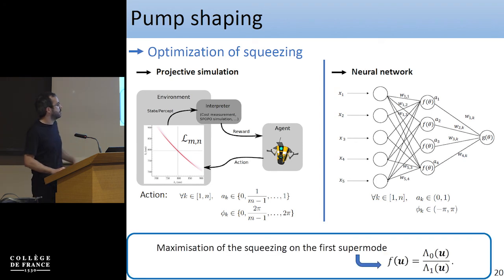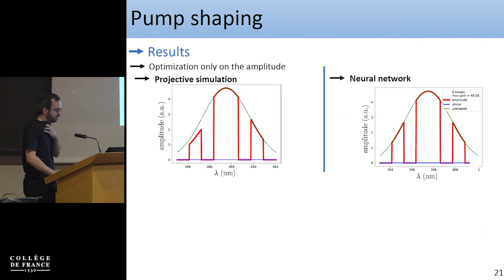And what we ask after the training is for the algorithm to optimize the squeezing on the first mode. So we ask it to optimize this function f here. And this is the result we got for both algorithms.